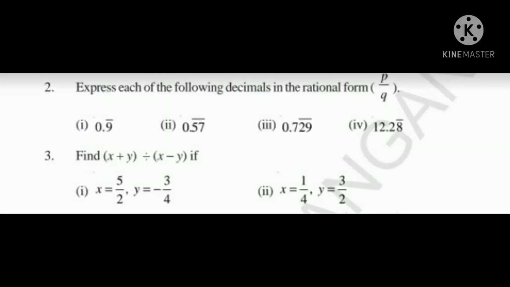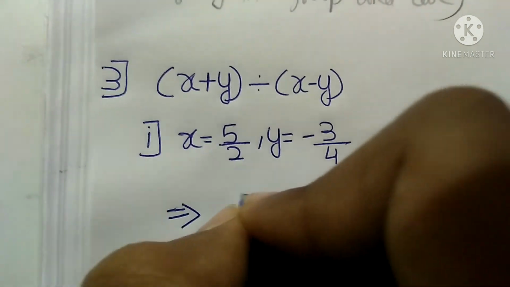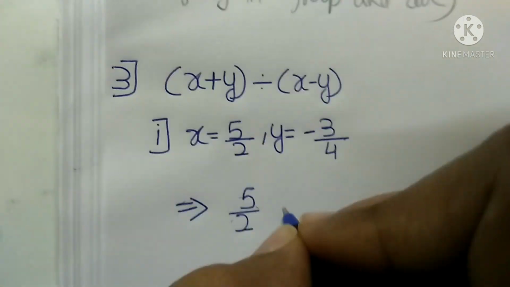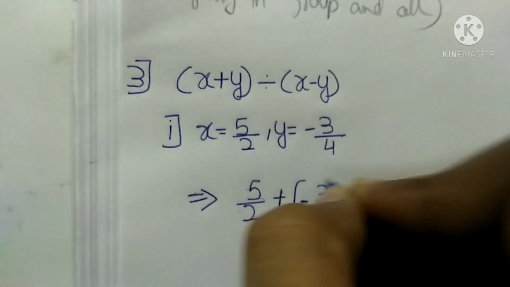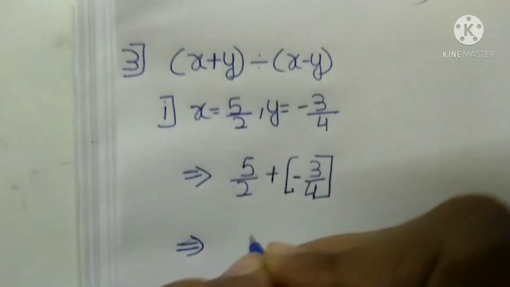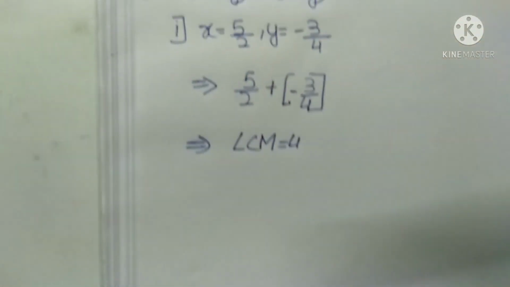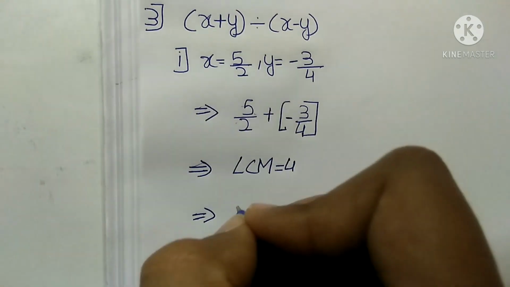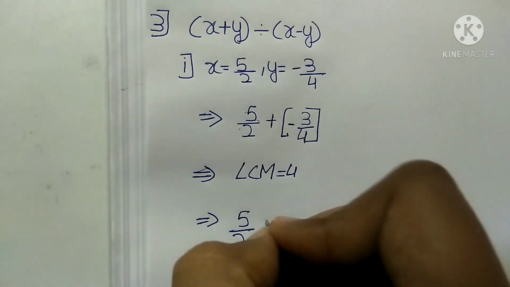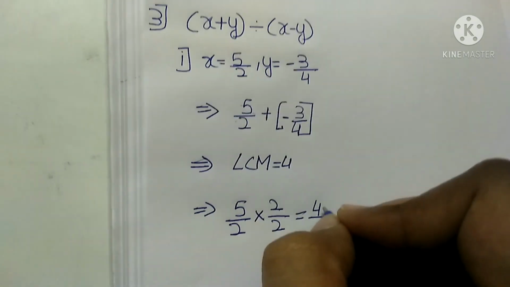Now let us see the third question. They gave: find x plus y divided by x minus y, where x equals 5 by 2 and y equals minus 3 by 4. By substituting these in the x and y places, we will get 5 by 2 plus minus 3 by 4 in brackets. Now we should do the LCM because the denominators are different. We get 4 as the LCM. So we multiply 5 by 2 into 2 by 2 and get 10 by 4.